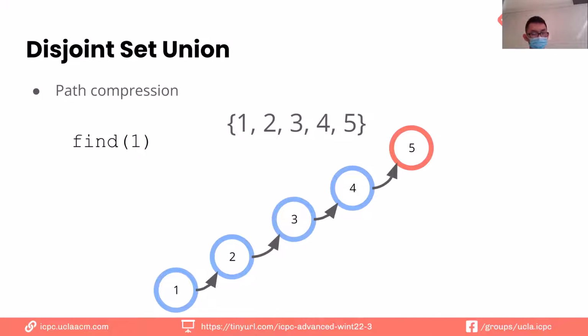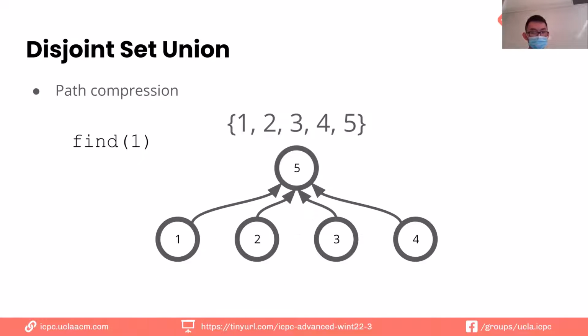But we can redirect the arrows in this process so that subsequent calls to find are gonna take less time. So if we simply do this, we're gonna get O(log n) too, without doing the union by rank or union by size.